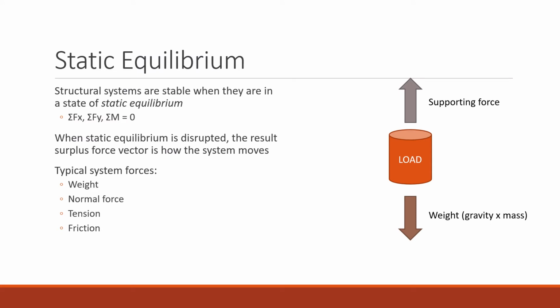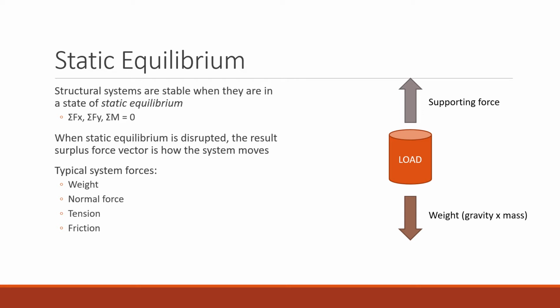Static equilibrium, I think I mentioned that a little bit just before. Any structural system, in general, we can call it stable if it's in a state of static equilibrium. So what this means is obviously nothing's moving, that's why we're calling it static, and we're looking at a structural system, so generally this is an appropriate way to look at it.